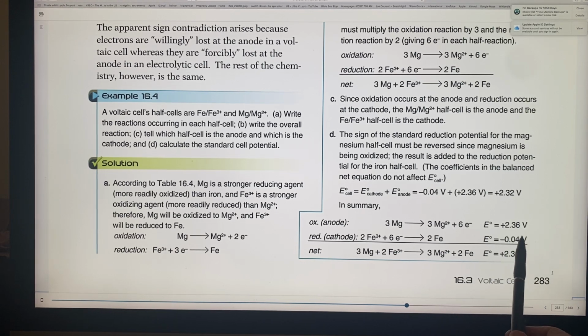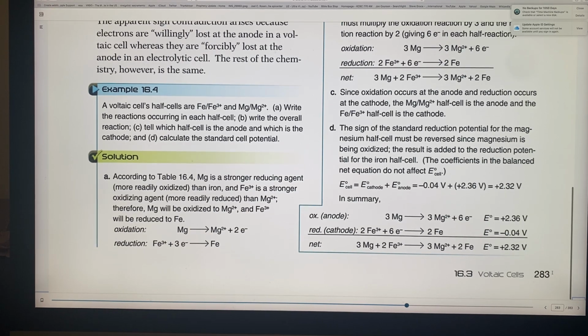We basically took it as 0.04, and so we just added them together. It's very weak in voltage there, but as we add them together, because the magnesium changed, we have a voltage of 2.32, just adding up those numbers. But anyway, I just want to show you where we got those numbers. So let's go on.